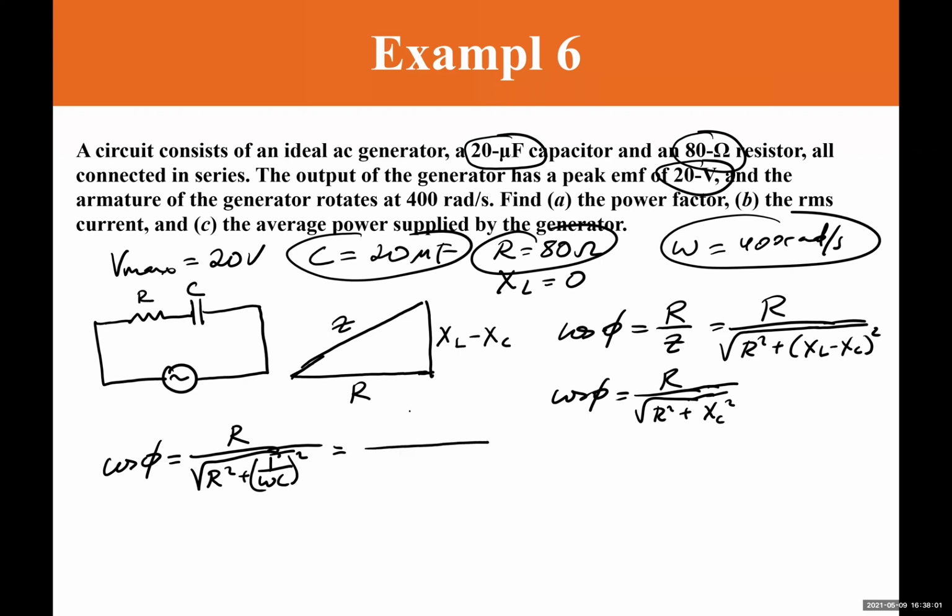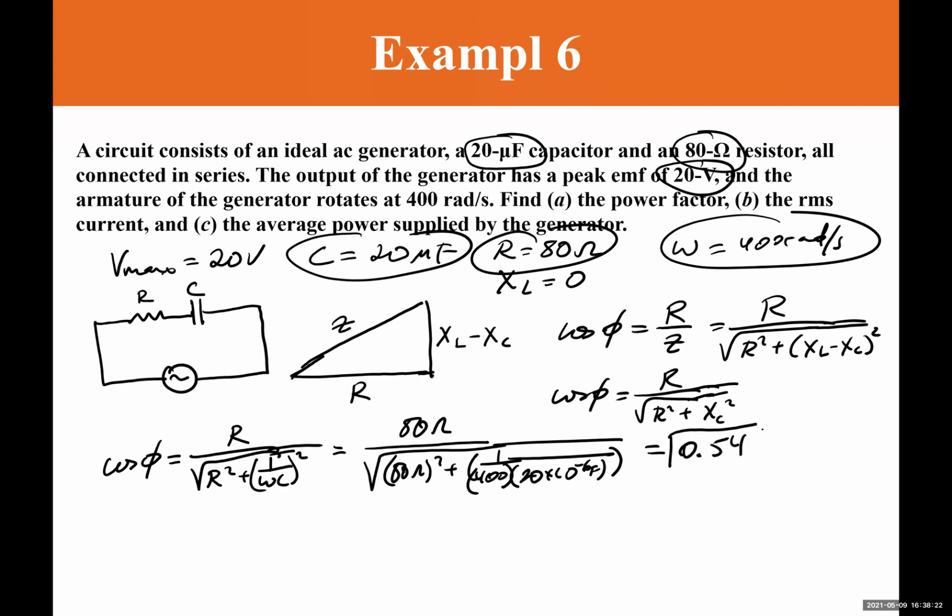So this is equal to 80 ohms divided by the square root of 80 ohms squared plus 1 over 400 for the frequency times 20 times 10 to the negative 6 farad for the capacitance, squared. Plug in everything, calculate, and we get 0.54.